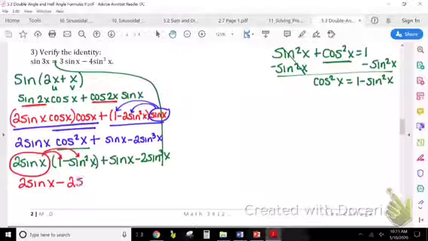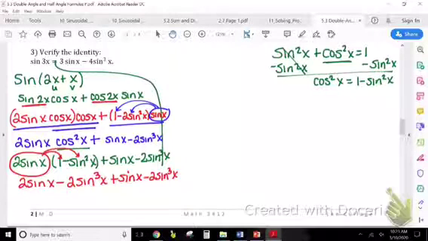Sine squared of x. Sine what? Cubed of x. And bring down the rest. And smush them all together.